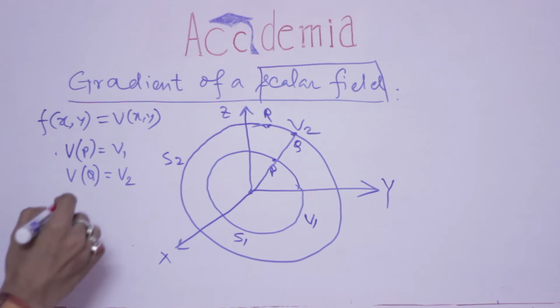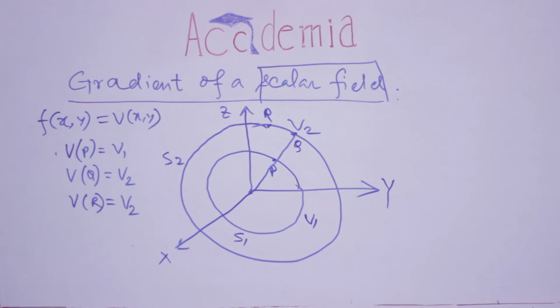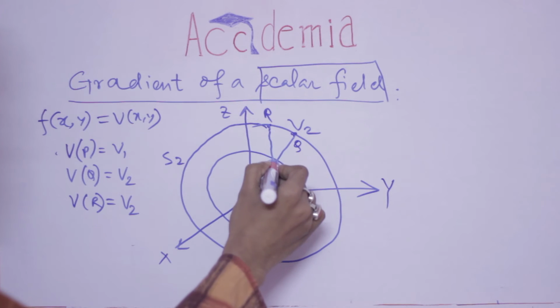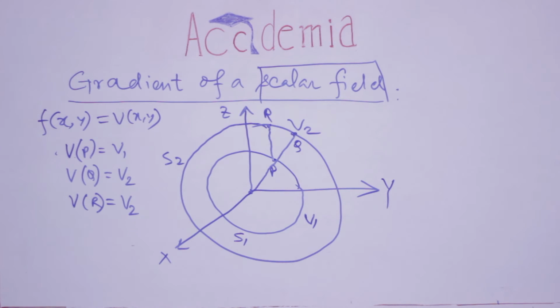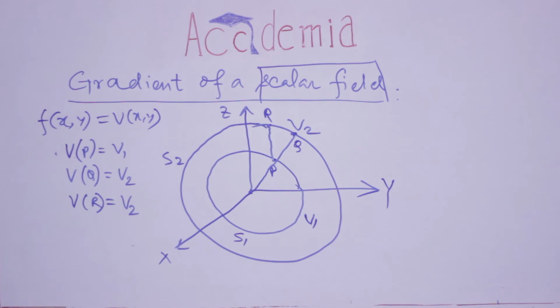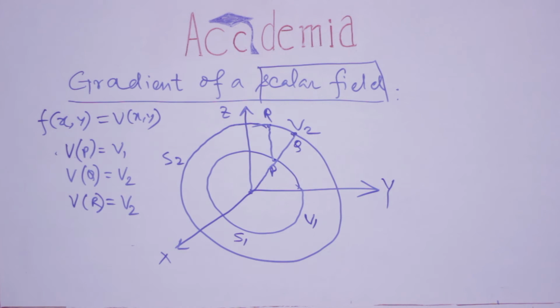So, V(R) is equal to v2. Let us join P and R. Now the value of the function changes from v1 to v2 between the points P and Q. Similarly, between the points P and R, this change of the function is same, that is v1 to v2.